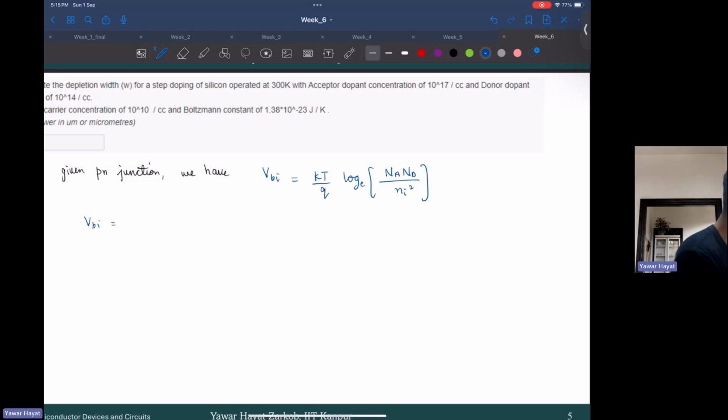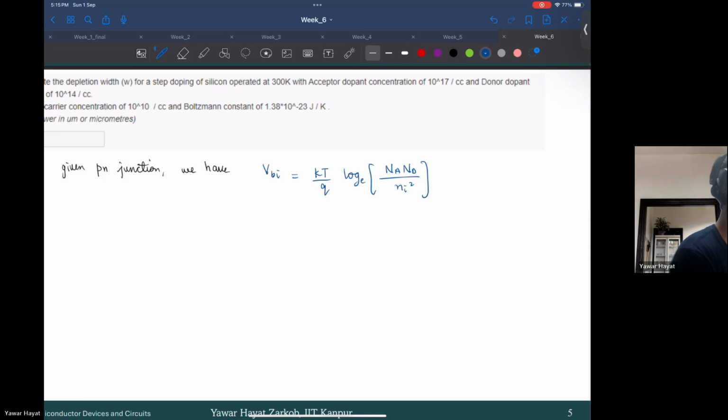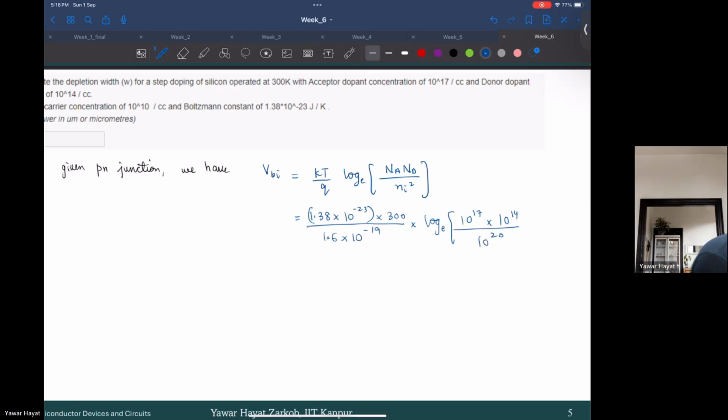Your VBI would be 1.38 into 10 to the power minus 23 multiplied by 300, whole divided by Q, that is 1.6 into 10 to the power minus 19, into log to the base e of 10 to the power 17 into 10 to the power 14, whole divided by 10 to the power 20.